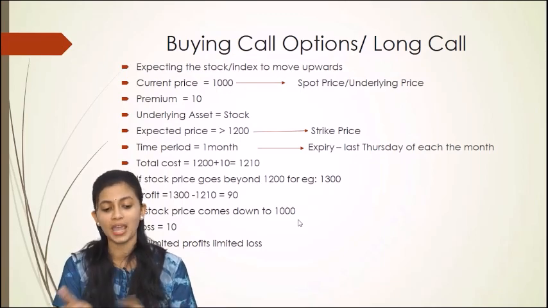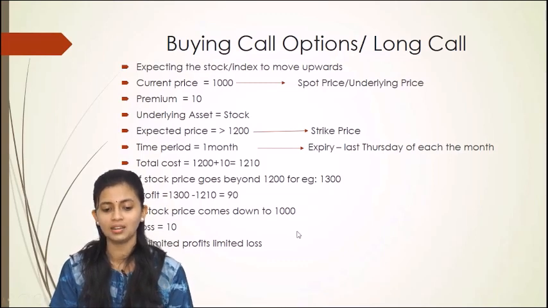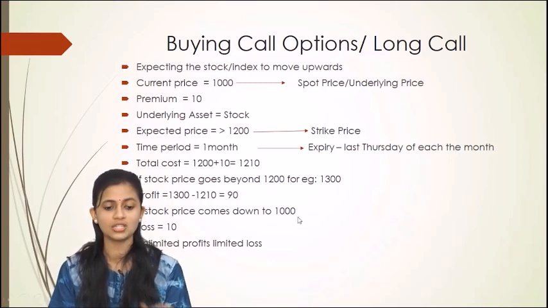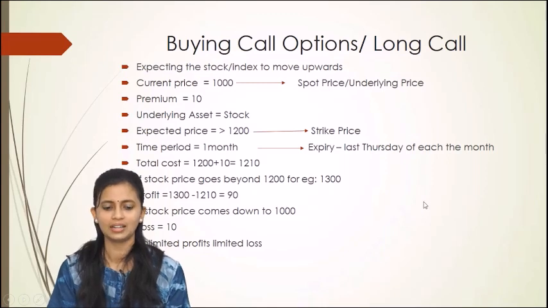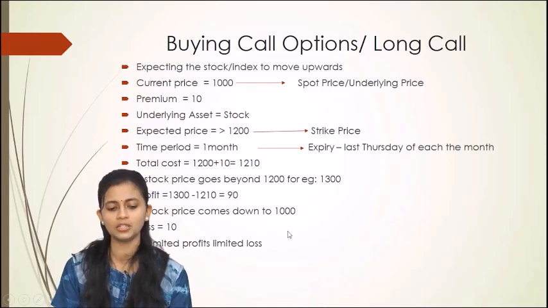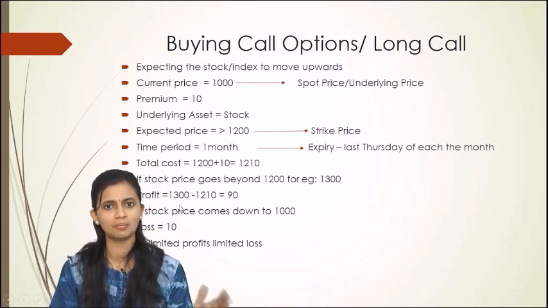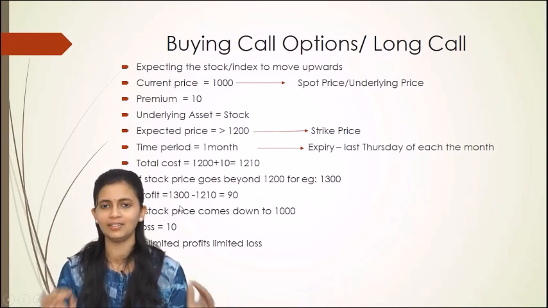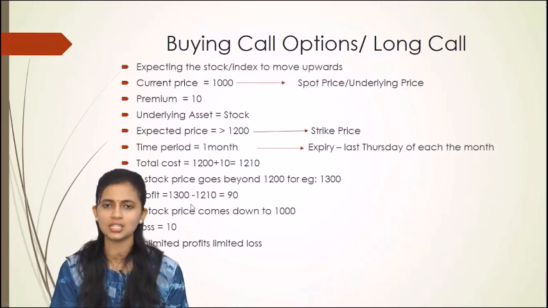Now in case he executes the contract when the stock price comes down to 1000, then he will make a much bigger loss, because he has already paid 1210 and the price is just 1000. So 1210 minus 1000 is his loss. Which is better, taking a loss of 210 rupees or 10 rupees? Obviously 10 rupees is better. So the option buyer will not execute the contract, he will leave it to expire, and the total loss that he will take is just 10 rupees.